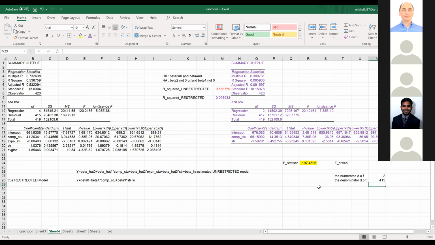So now we are ready to go to the table. And also, remember, if the denominator degrees of freedom is greater than 120, we use page 1 of the F table.